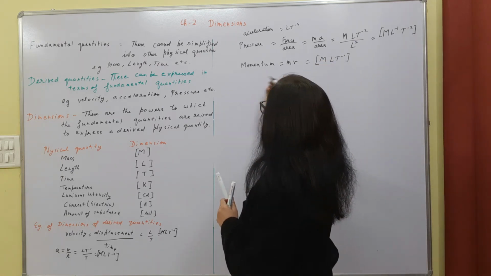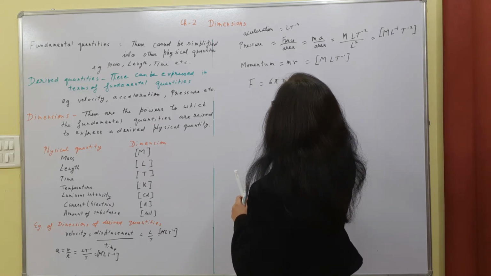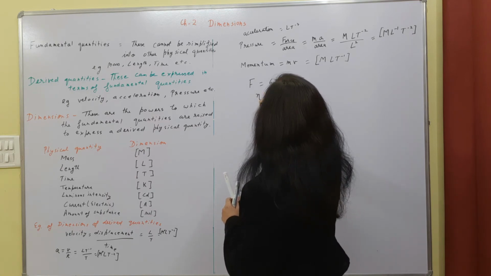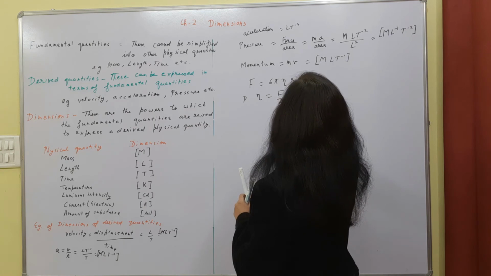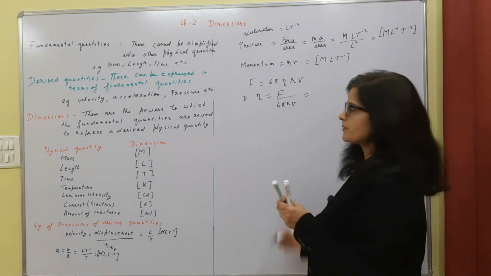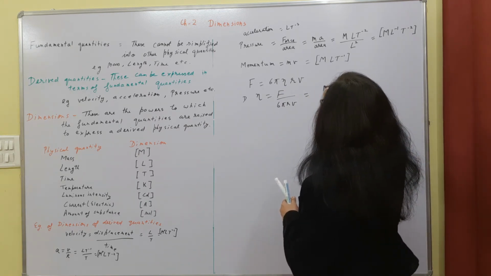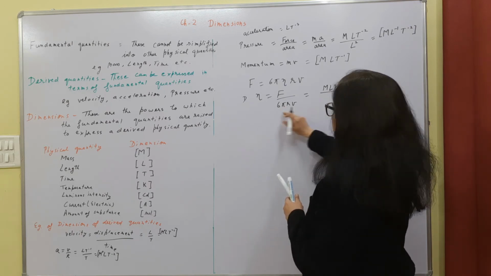We can find for coefficient of viscosity, F equals 6 pi eta r v. So for eta dimensions, this is F upon 6 pi r v. All forces have same dimensions, right? So this is M L T minus 2 upon 6 pi, which has no dimensions.